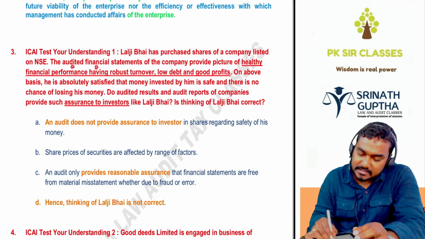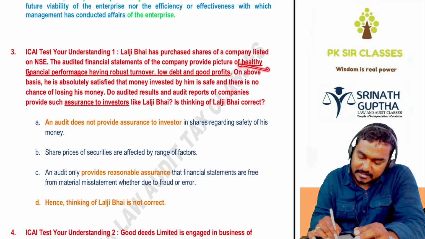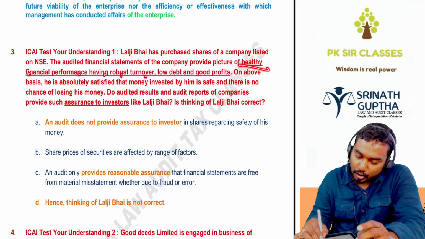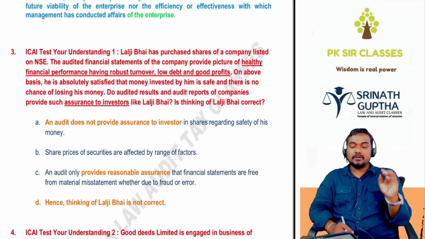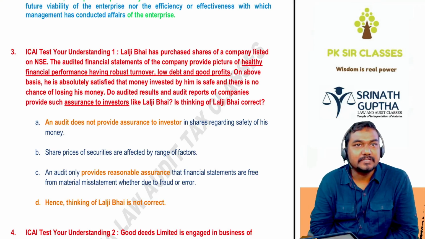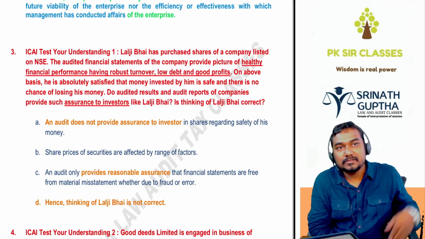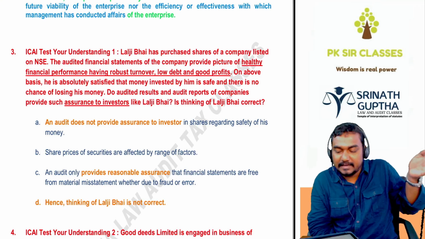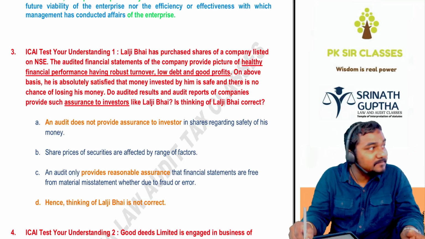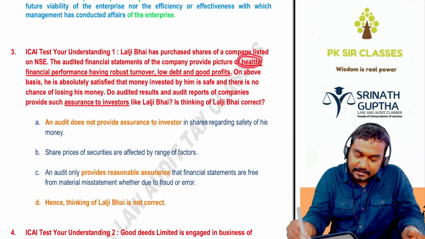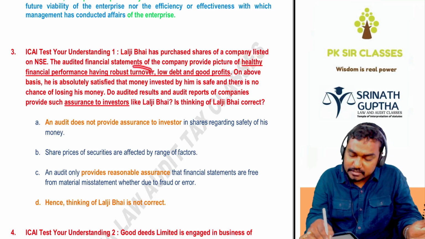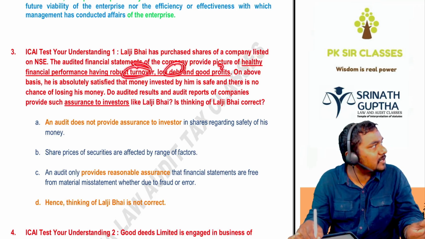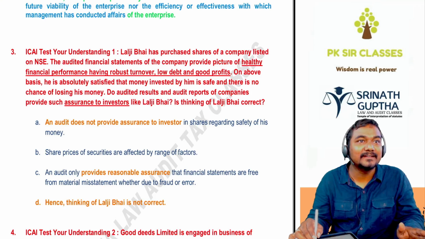The audited financial statements of the company provide a picture of healthy financial performance having robust turnover, low debt, good profits. So he was reading the audited financial statements and realized the company's performance is healthy: turnover is good, debt is low, profits are more.